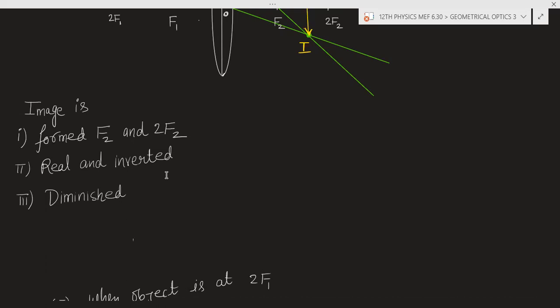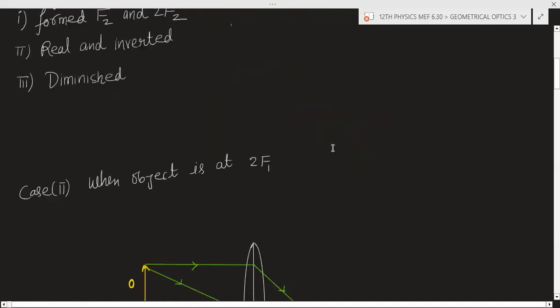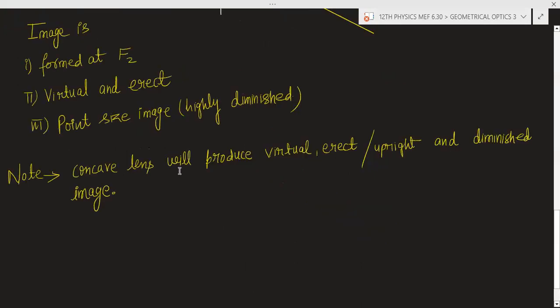But in case of the concave lens, the image will always be virtual, erect, and diminished. So add here, it will always produce a virtual, erect, upright, and diminished image.